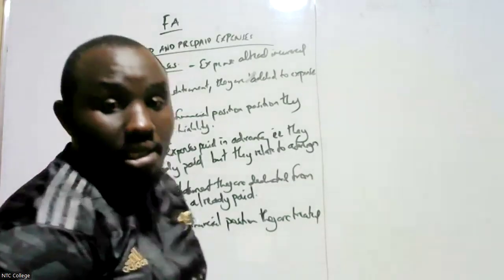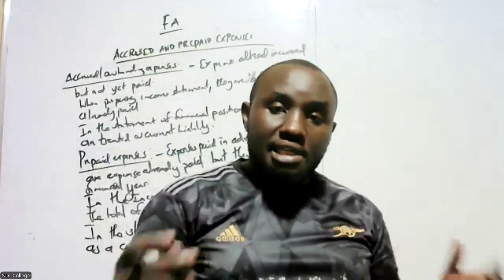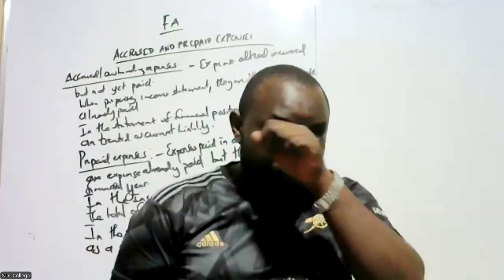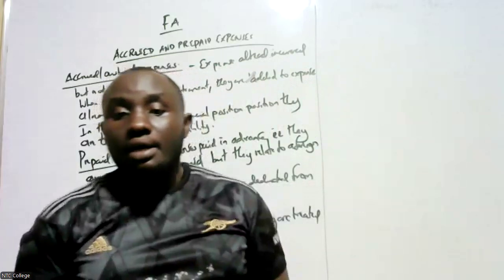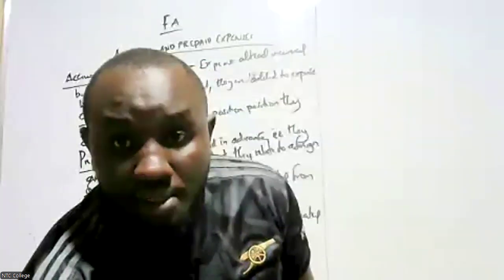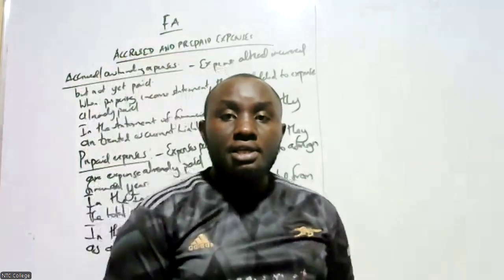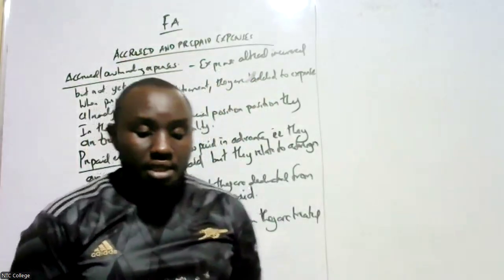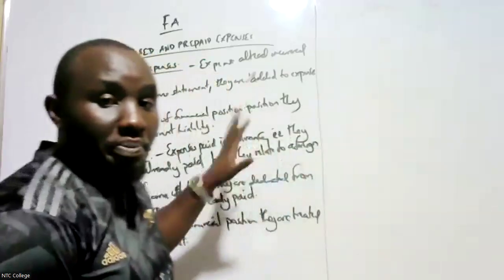In the statement of financial position, they are treated as a current asset. Is that noted, Joseph? Is that noted, Shipper? Is that noted, Paris? And is that noted, Ronaldo Monti? Is that noted, Musa? So that is done on accrued and prepaid expenses.